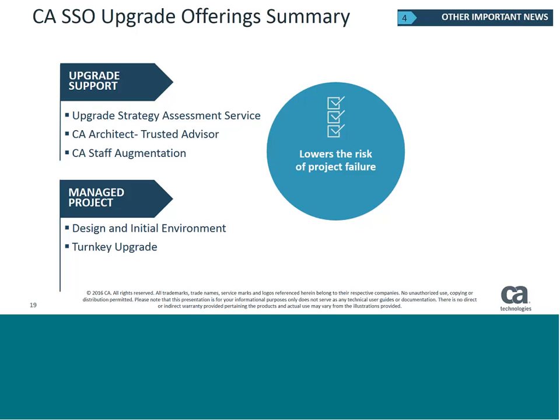And I wanted to indicate, and many of you know this, the CA services team has the ability to provide some support for upgrades, and those offerings range from upgrade support where you're doing most of the work all the way to managed projects where the CA services team does a large majority of the work. So you can pick and choose which set of capabilities and services you might want to leverage from the CA services team.